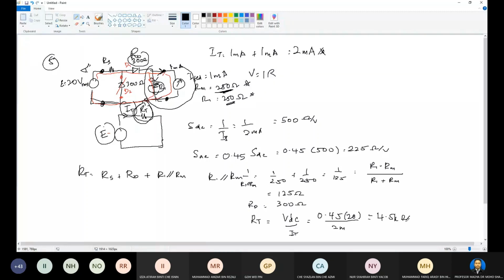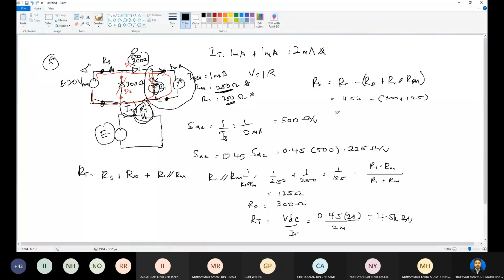And then from this one we can get the RS. That means RT minus RD plus the parallel of R1 and RM. So 4.5 kilo minus, this one RD is 300 plus 125.